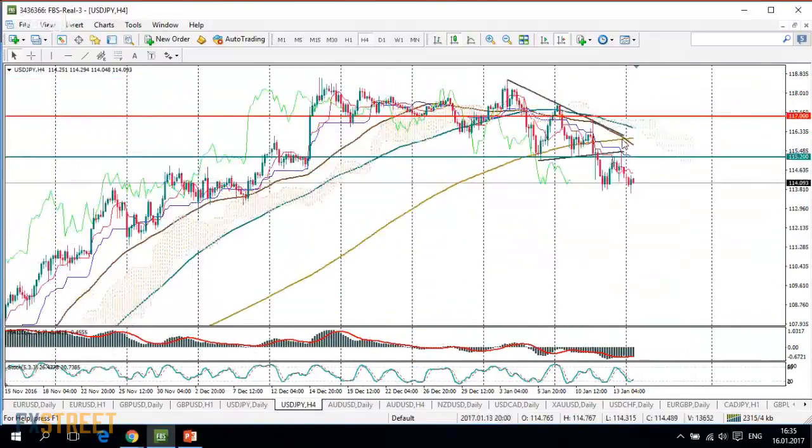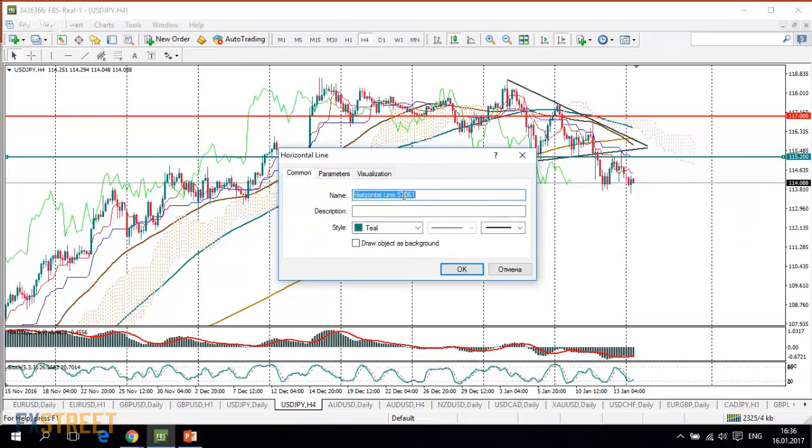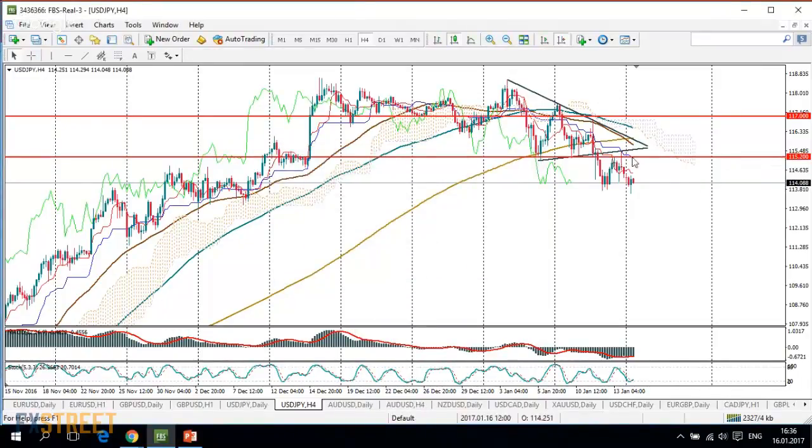If we look at the 4-hour chart, we can see this triangle we were speaking about last week. This triangle was breached to the downside, and currently the pair is consolidating, with 115.20 on the upside. Let's paint this resistance level in red.